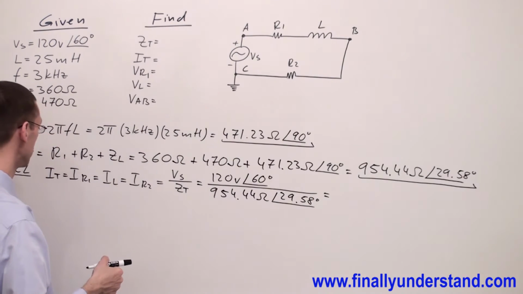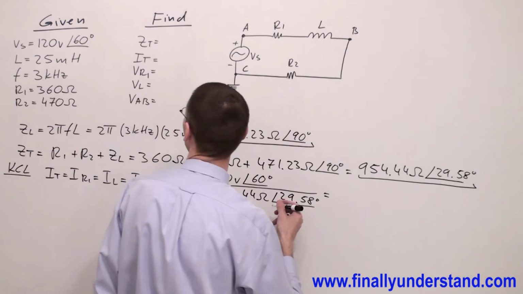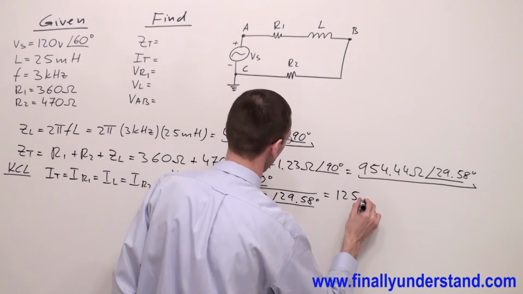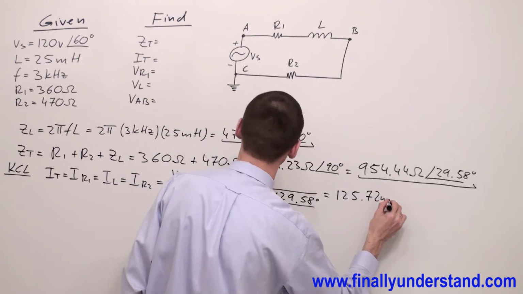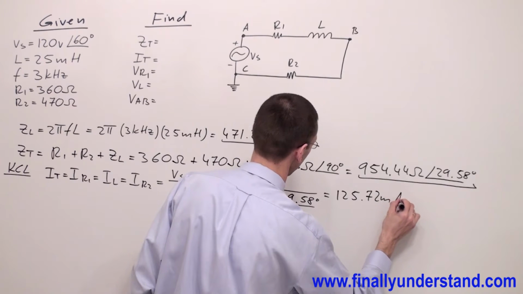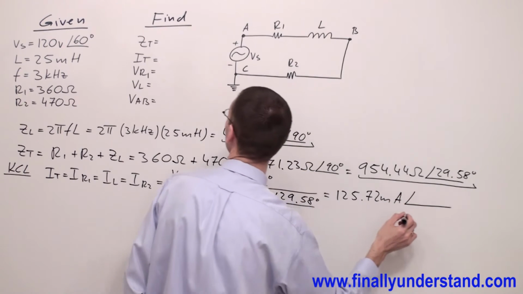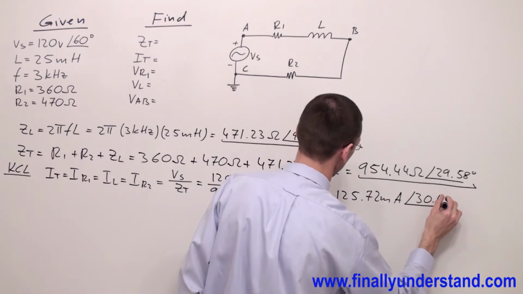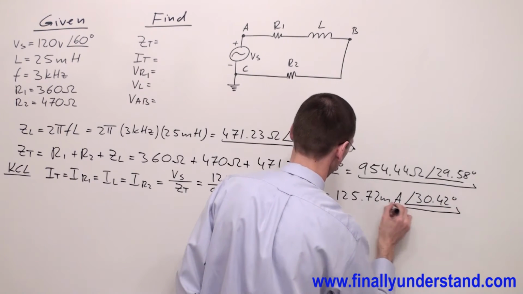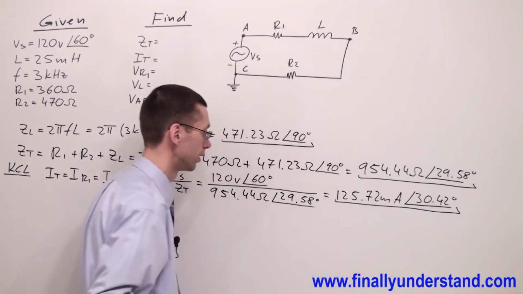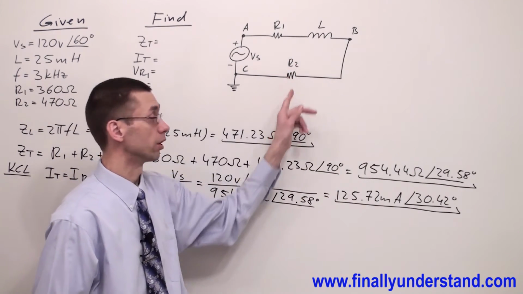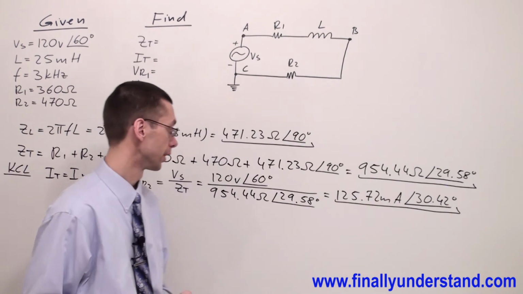Use the calculator and you're supposed to get the value 125.72 milliamps, an angle of 30.42 degrees. This is the current which goes through every single component.